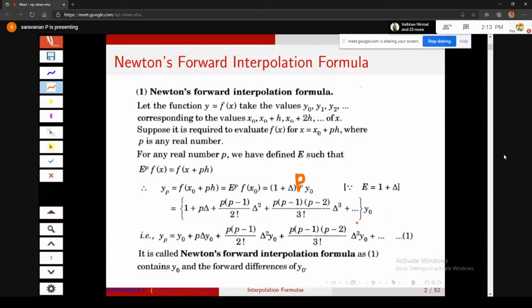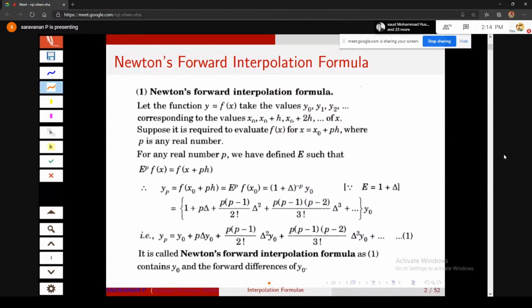Then if I bring this y0 inside, first term you will get y0, next term you will get delta y0, and here you will get delta square y0, here you will get delta cube y0, etc. And this formula is known as Newton's forward interpolation formula, because it contains y0 and its forward differences, delta y0, delta square y0, delta cube y0, etc. Okay, therefore we call this as Newton's forward interpolation formula.